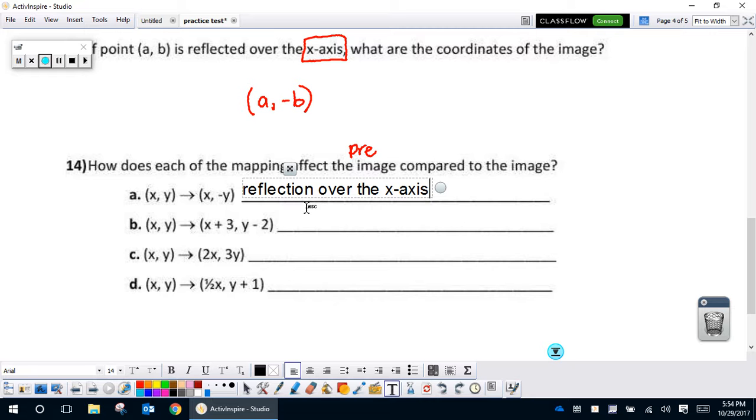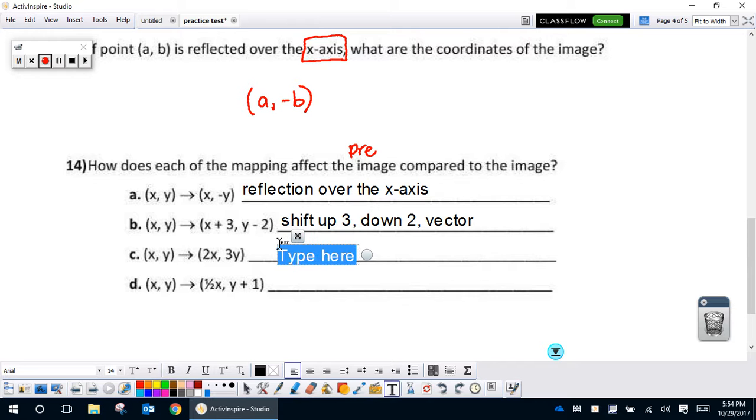Then you want to think about all the properties that are staying the same. Okay? Going from x, y to x plus 3, y minus 2, that means we are shifted up 3, down 2. And this is a vector, so all the properties that go with vectors would apply to this.